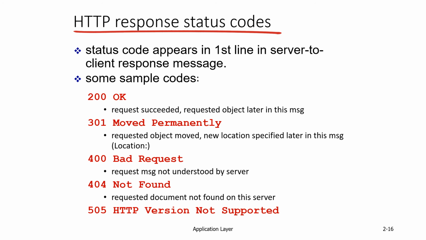Whereas 404 simply says that the requested document was not found, and the webmaster or website administrator is not giving you any indication of where that resource might be. Whereas in 301 you are actually getting a link as to where the file is going to be. And 505 is HTTP version not supported.